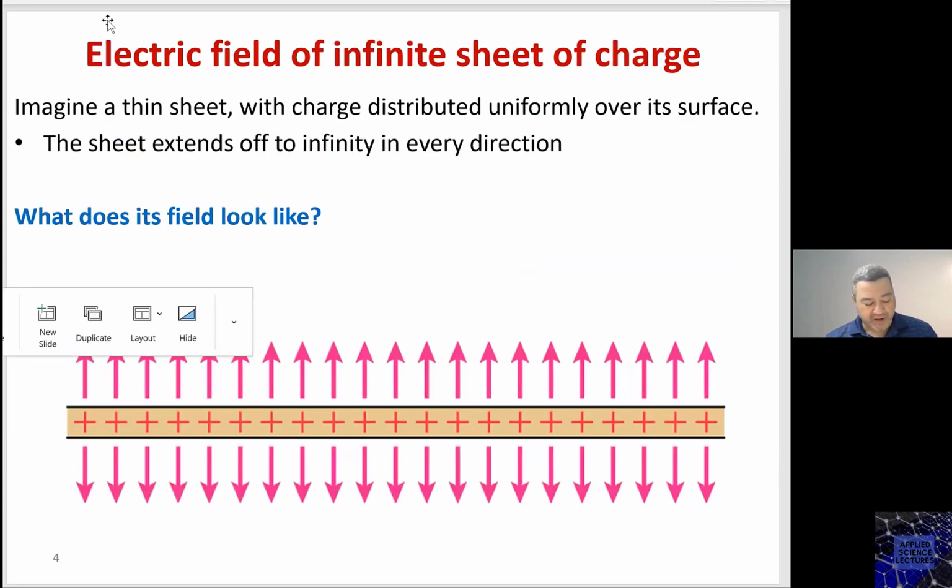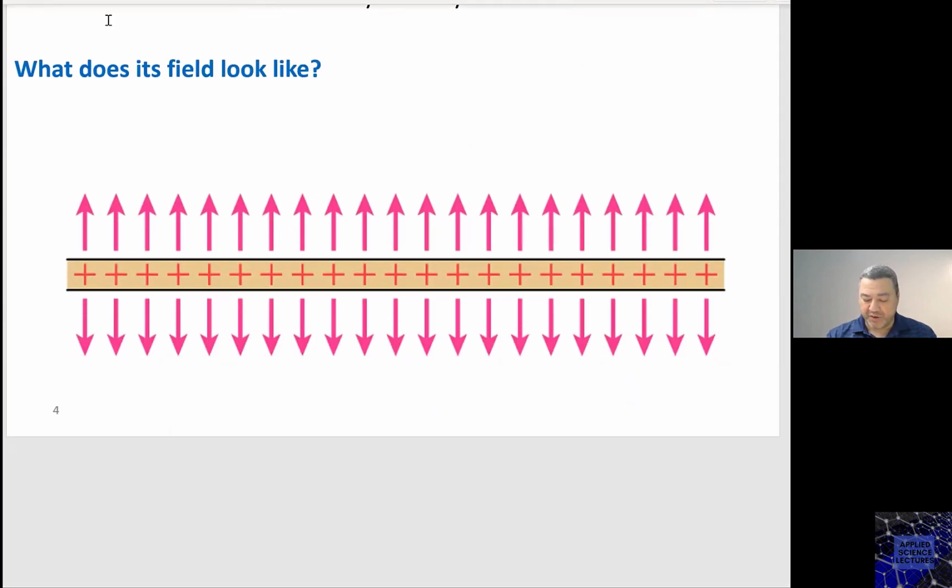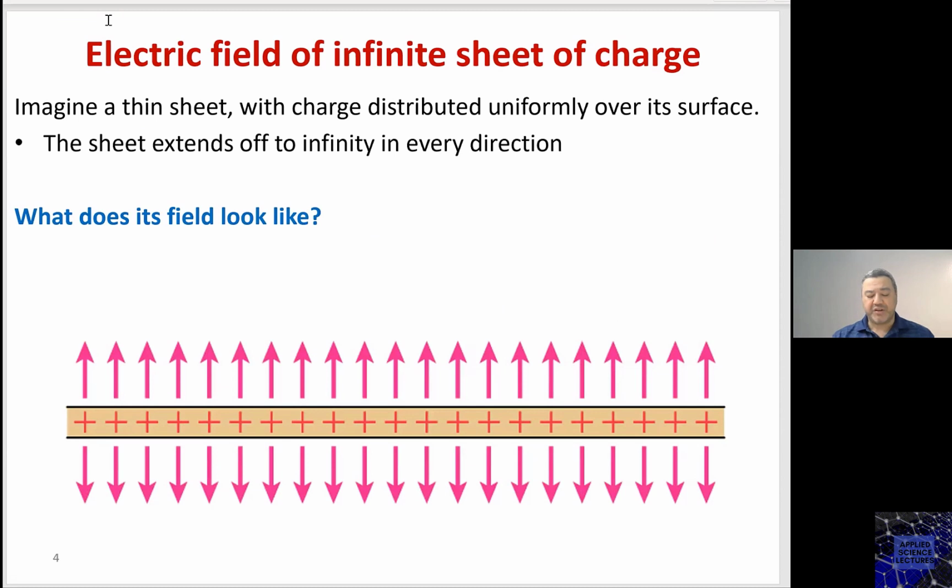Now let's look at the electric field induced due to an infinite sheet. An infinite sheet can be derived from the electric field due to a disk of charge by having the radius of this disk go to infinity.